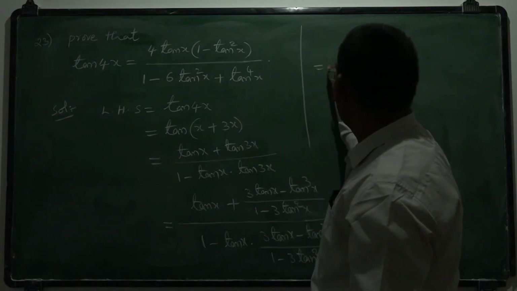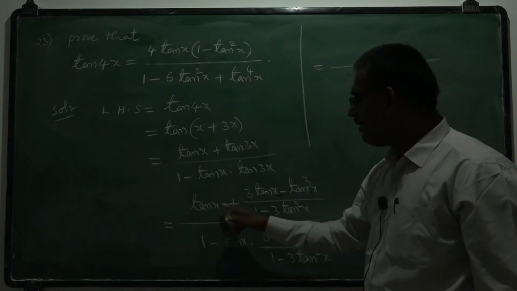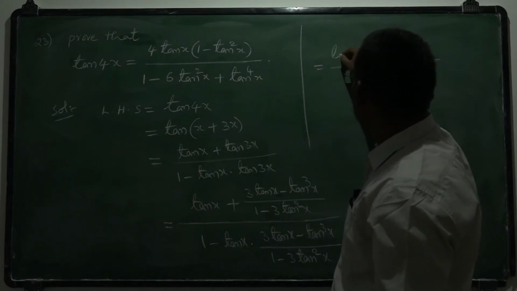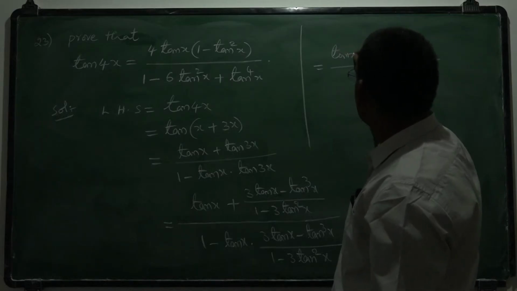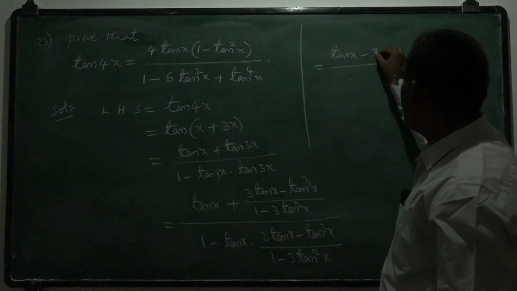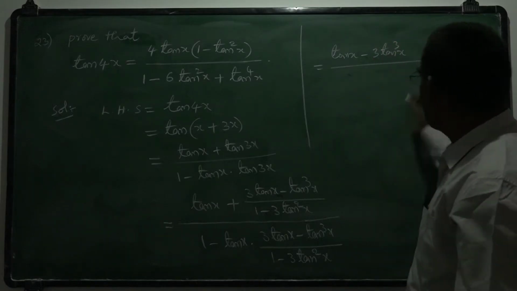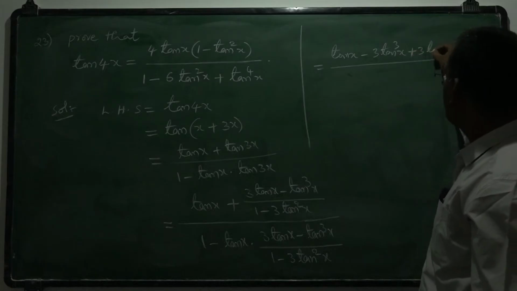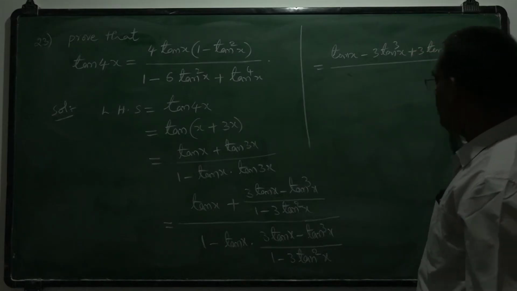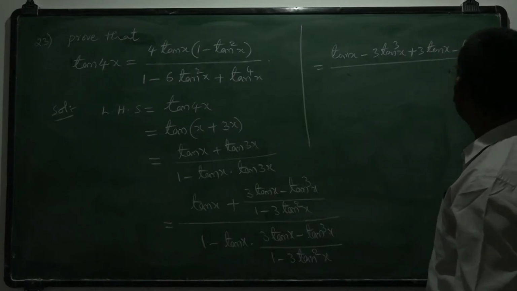Tan x into 1, tan x minus tan x into minus 3 tan square x is equal to minus 3 tan cube x, plus 3 tan x minus tan cube x.